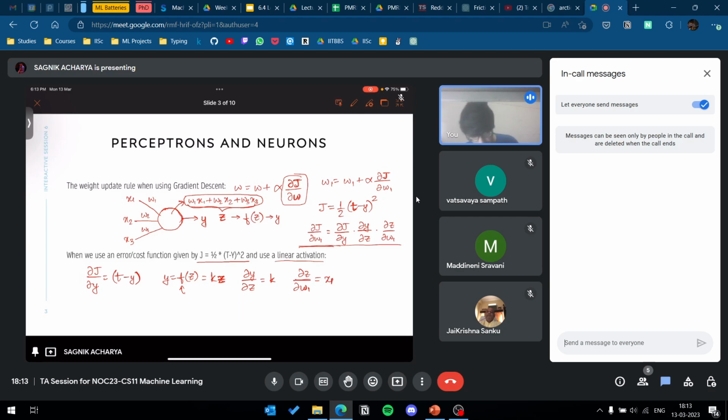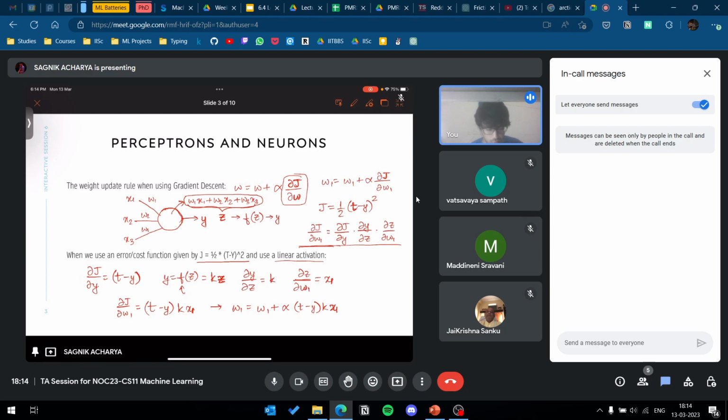So finally del J by del w1 is equal to (t minus y) into k into x1. And finally you can write w1 is equal to w1 plus alpha times (t minus y) into k into x1. So this is the kind of formula you can use in any problem.